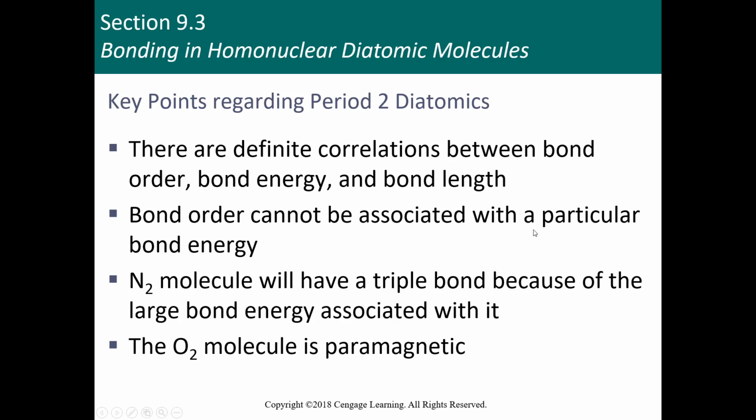You also have to factor in sizes. That actually makes a difference. The N2 molecule will have a triple bond because of the large bond energy associated with it. The O2 molecule is paramagnetic. That's extremely important. A lot of medical procedures and science have been built up off of that.